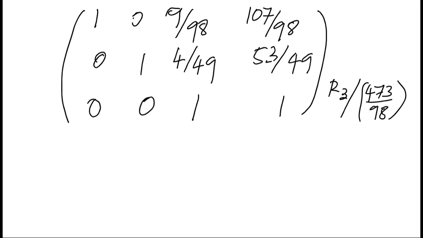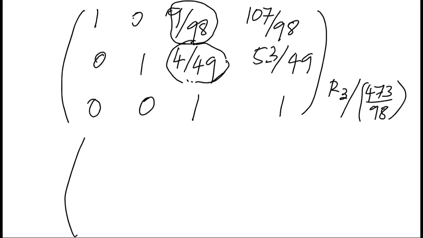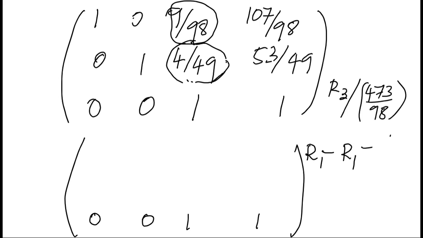Now our aim is to make this element 0 and this element 0 using R3. So you write the third row as it is, right? And I'm going to use R3 so that this element becomes 0. So R1 is changed to R1 minus 9 by 98 into R3.